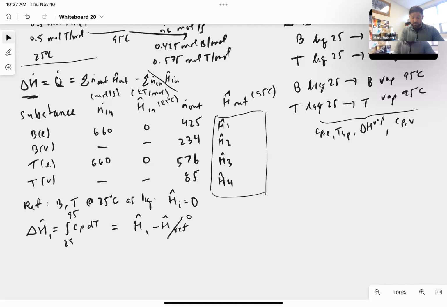We can get the Cp of benzene as a liquid from table B2. If we go to table B2, we see that the value for benzene as a liquid is 0.1265 kilojoules per mole degree C.